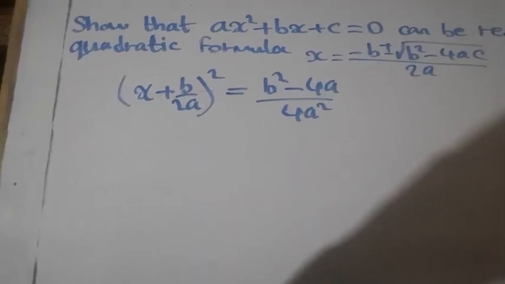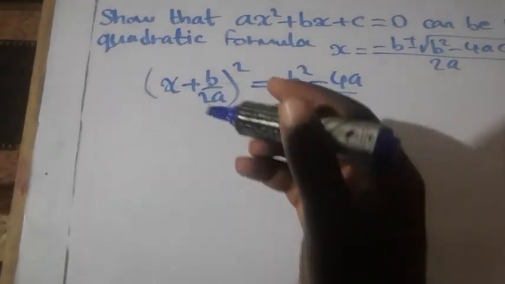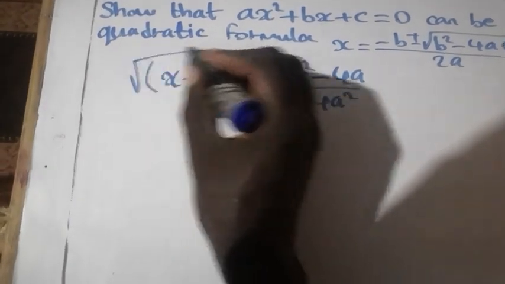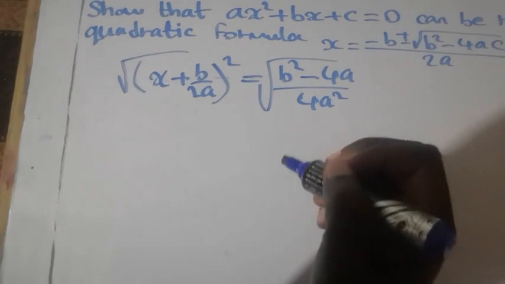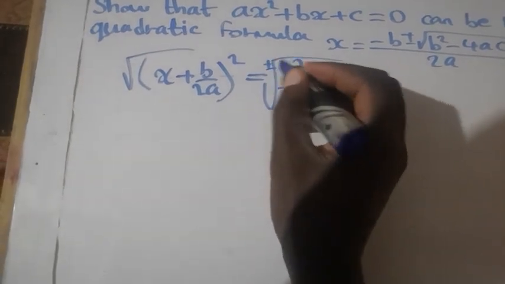To continue from this stage, we introduce square root to both sides of the equation, and the moment we do that, square root comes with positive or negative.